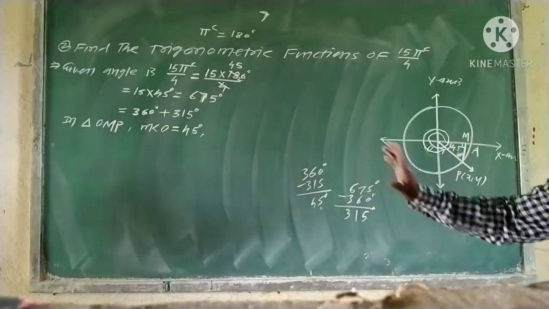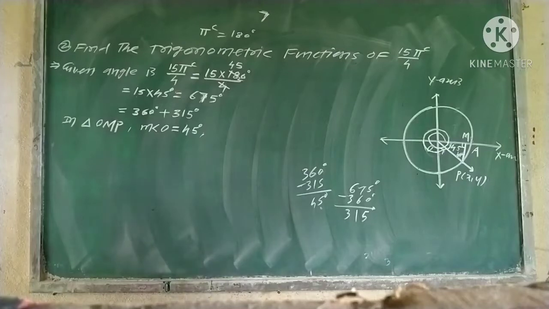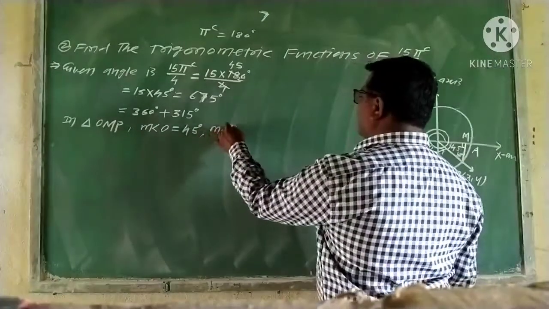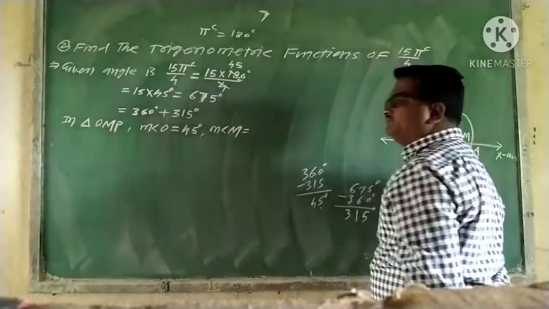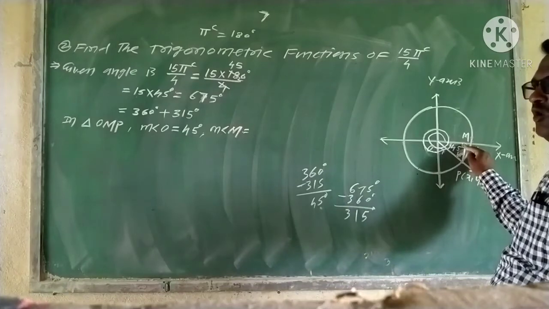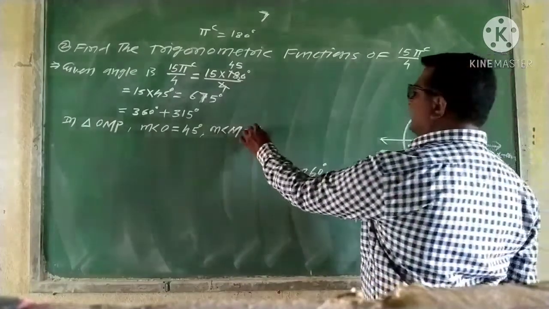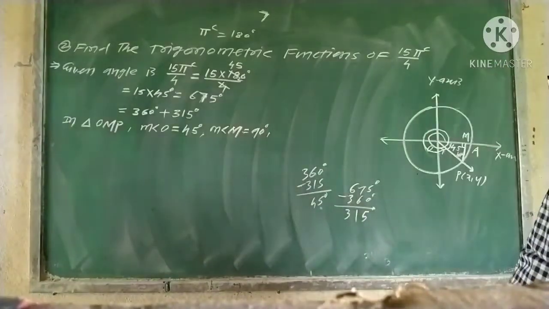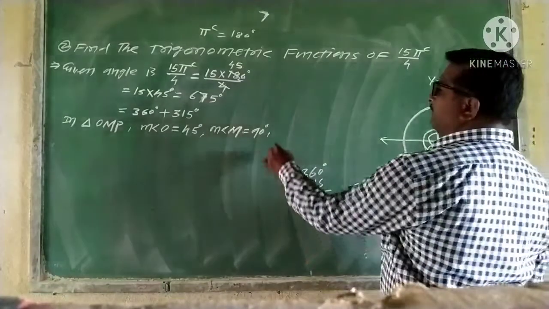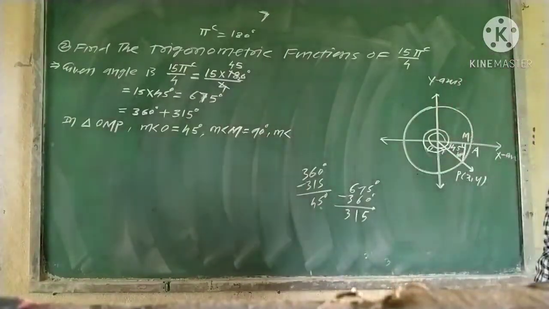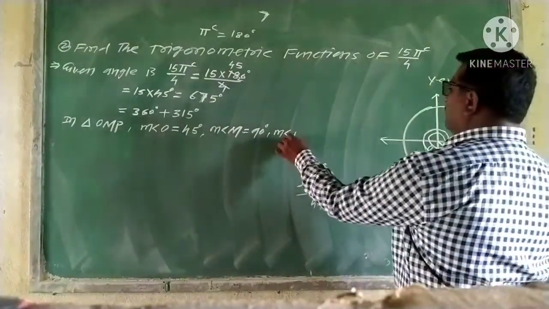The measure of angle M is 90 degrees, because we drew a perpendicular, and the measure of angle P is the remaining angle of this triangle, 45 degrees.